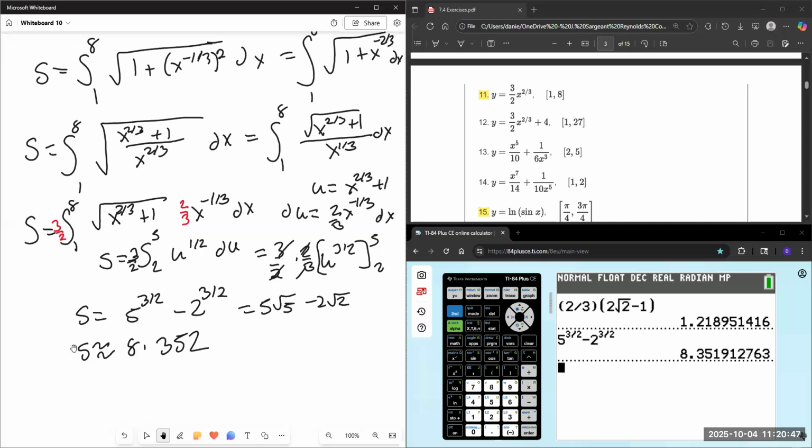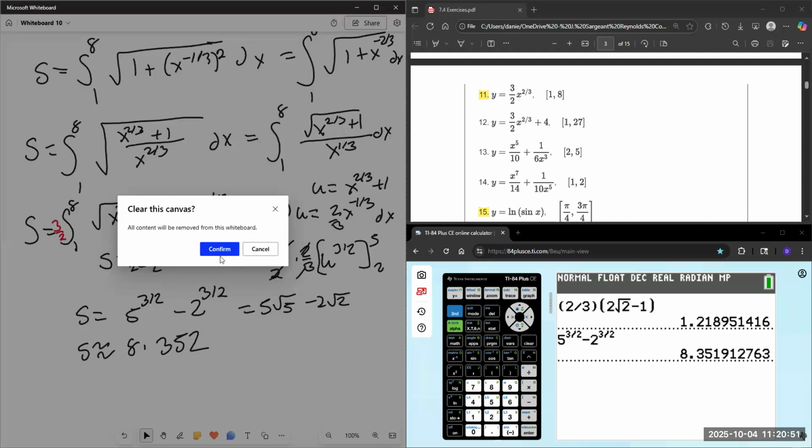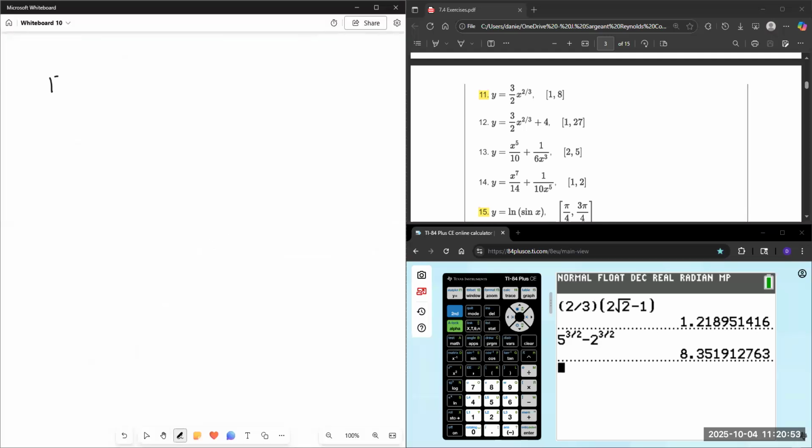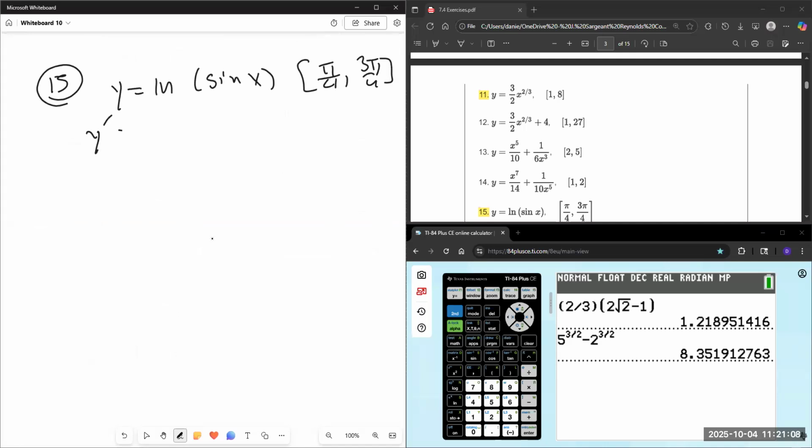So now at number 15. Y is equal to ln of sine of x. We're on the interval of pi over 4 to 3 pi over 4. Y prime is 1 divided by sine times cosine. Cosine over sine is cotangent.